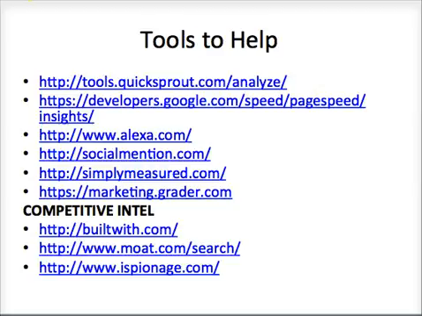It's pretty cool. And that will help you, by the way, go back into your background section and fill in some of the gaps that you might have. Moat.com, you can search for your competitors and what advertising they're running. And then Espionage, again, same kind of thing, some competitive intel. So I hope those tools help. I've also put some other tools throughout the presentation, so you can also use those to your advantage.